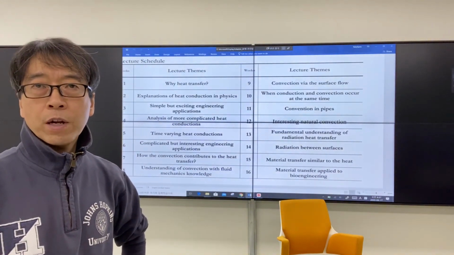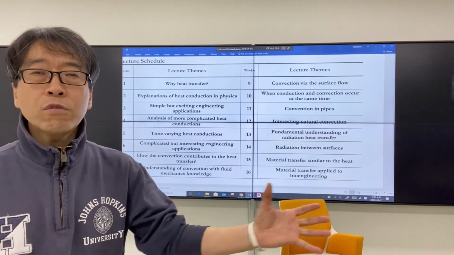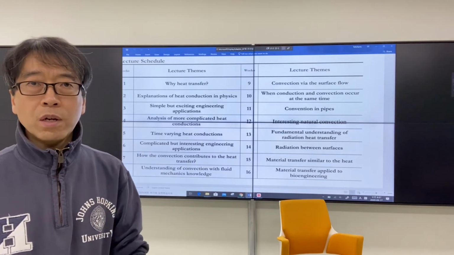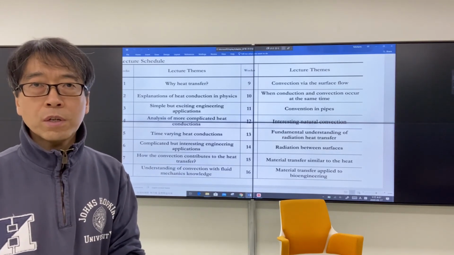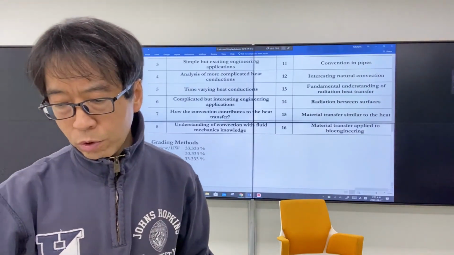So this will be a very interesting chance to extend your knowledge out of this common engineering area.